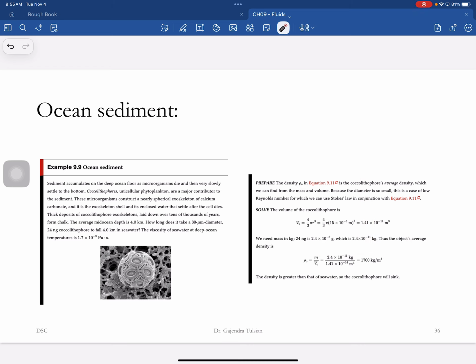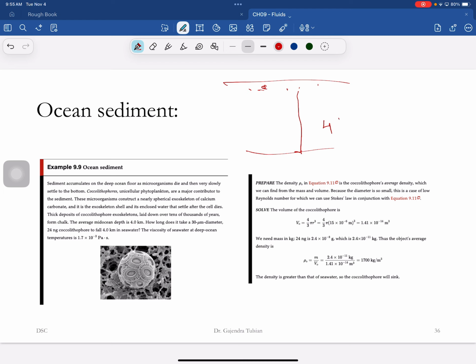The average depth of the ocean floor is about 4 kilometers. 4 kilometers is from here to US 1. These guys live near the surface of the ocean, and when they die, they have to fall 4 kilometers. And of course, they're going at terminal speed.